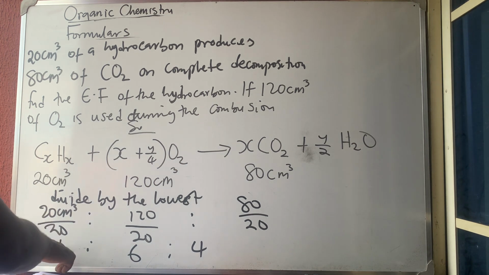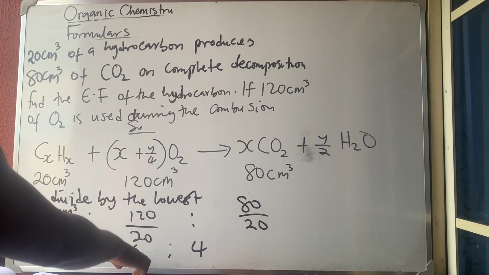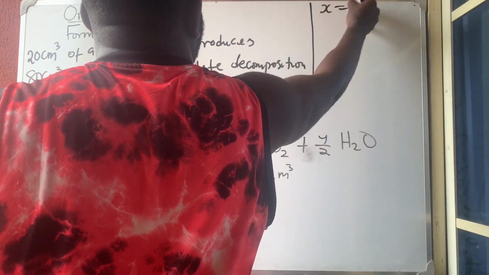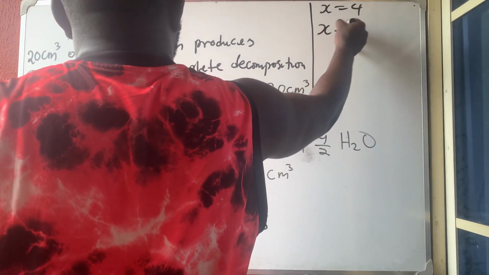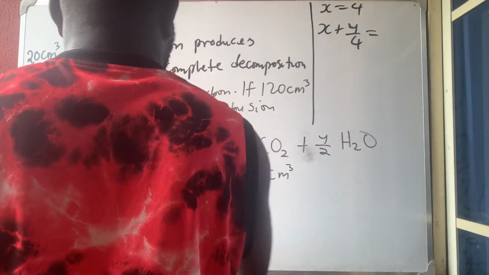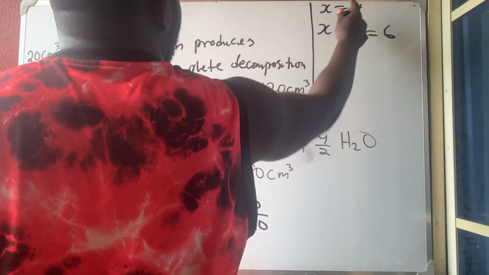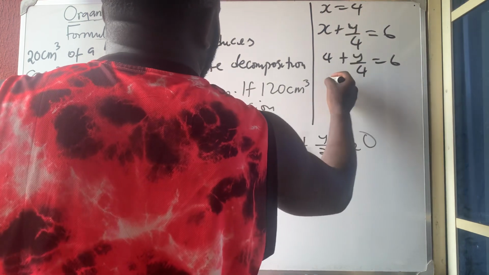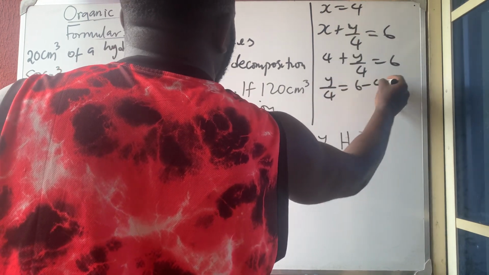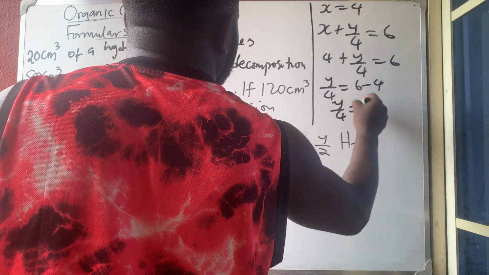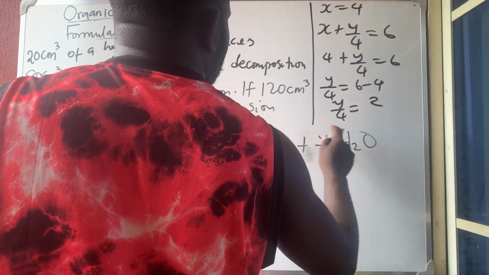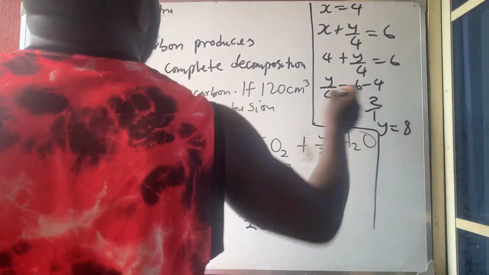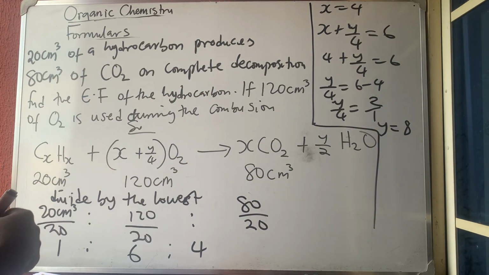So what does it mean? The coefficient here is 1, this one is 6, while this one is 4. So x is equal to 4, and x plus y over 4 is equal to 6. To get y, 4 plus y over 4 is equal to 6, so y over 4 is 6 minus 4, which is 2. Therefore y is equal to 8.